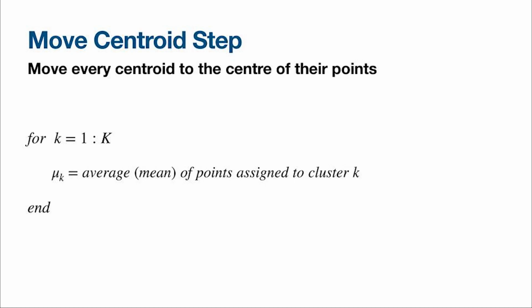Which position? Which is the average of the training points which thought okay, this is our cluster centroid in the first place. This is what we do in the move centroid step, and you can see that the loop starts from 1 to k because there are k cluster centroids, and we do it for every cluster centroid.